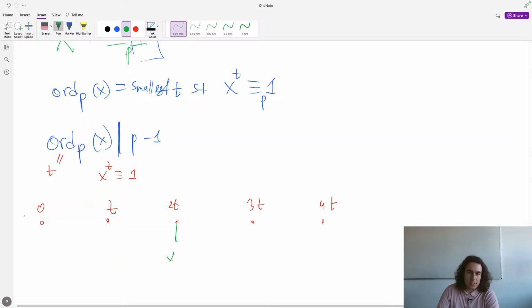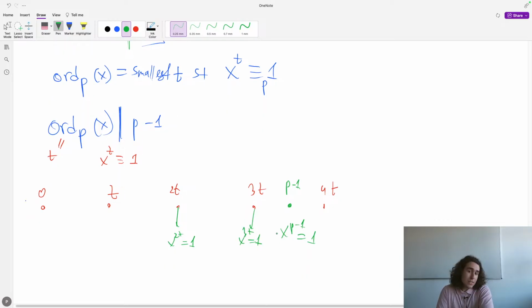And we also know that p minus 1 is not divisible by t, so it's somewhere here, and we know that x to the p minus 1 is also 1. And x to 3t is also 1. But then this is 1 and this is 1, we can just divide. So x to the power of p minus 1 minus 3t is also 1.